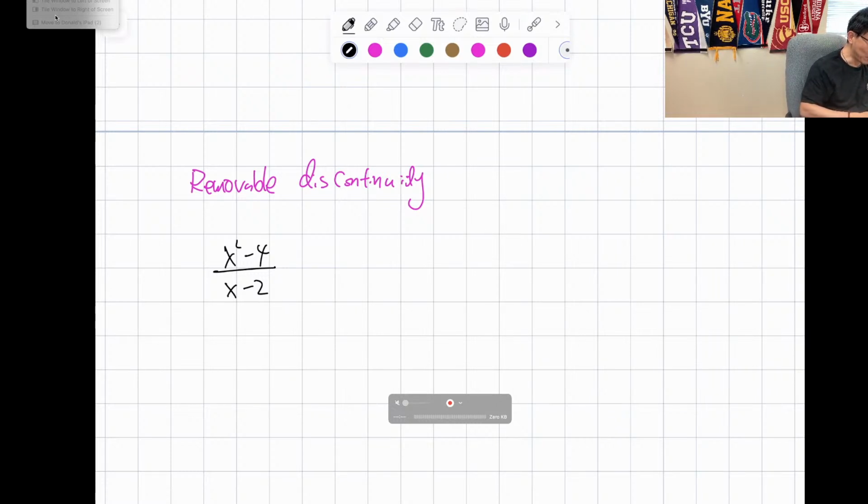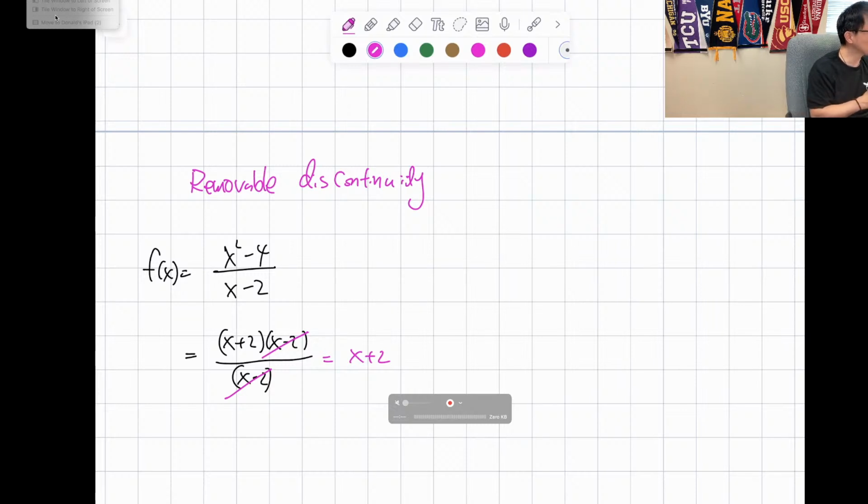So then what she says, well, f of x equals x squared minus 4. That's equal to x plus 2 and x minus 2, because she says I'm very good at factoring now. And you can simplify here. That's equal to x plus 2. Now, but this x plus 2 is a new function.